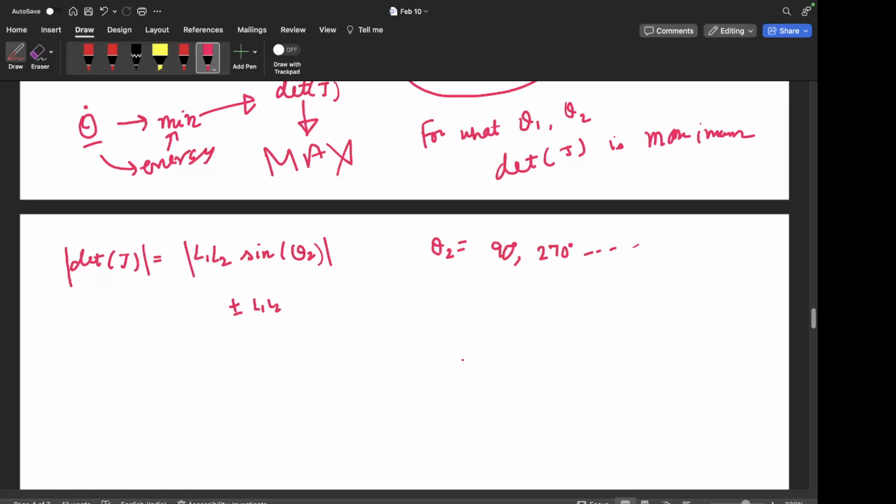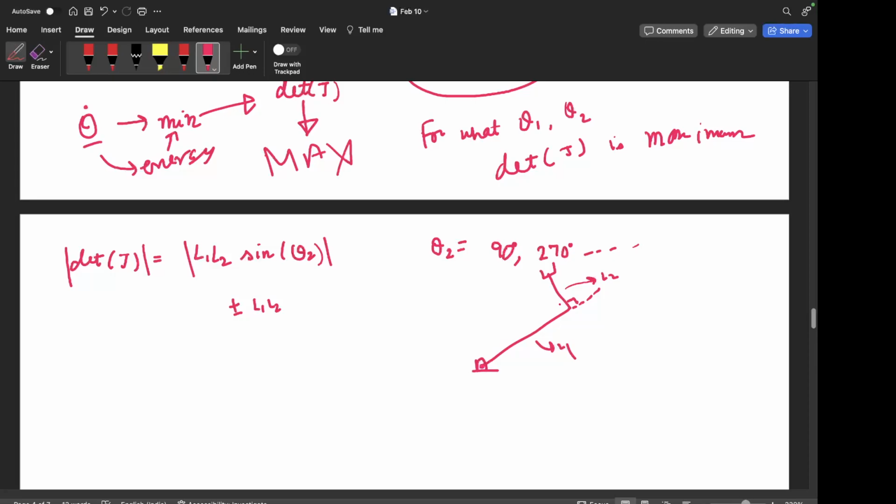So let's draw this type of configuration. This corresponds to theta 1 being arbitrary and theta 2 being perpendicular to theta 1. This is L2, this is L1. So basically this is the configuration in which the 2R manipulator is in its most energy advantageous position.